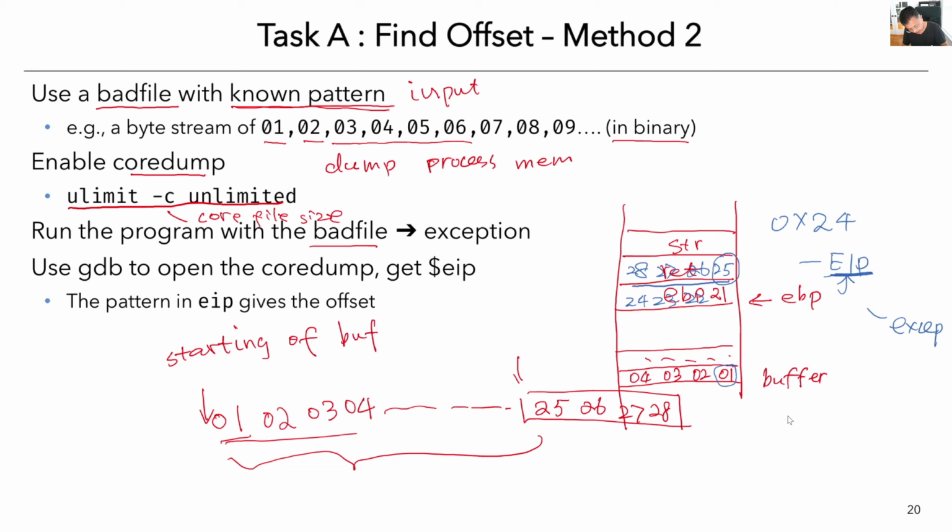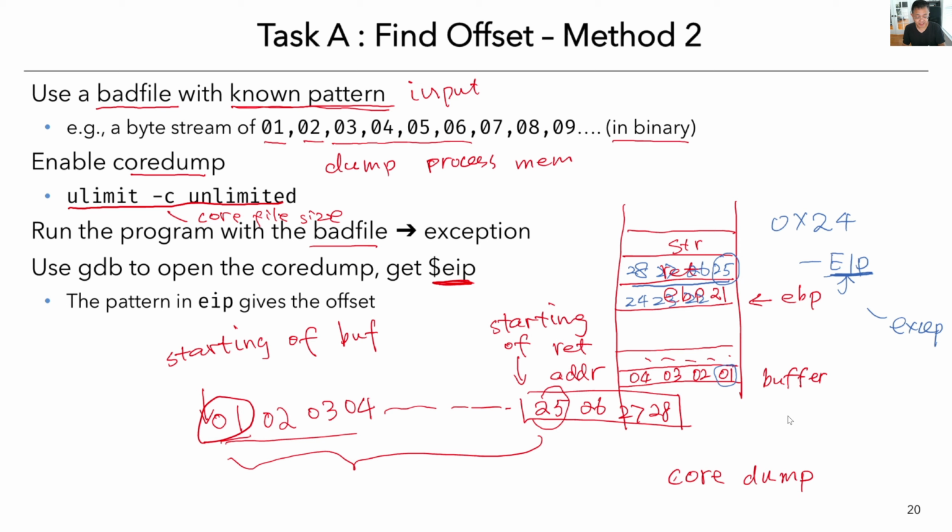Here is the starting address of the return address on the stack. By subtracting the starting of buffer 01 from the starting of the EIP, we get the offset. We can easily get the EIP by reading from the core dump.